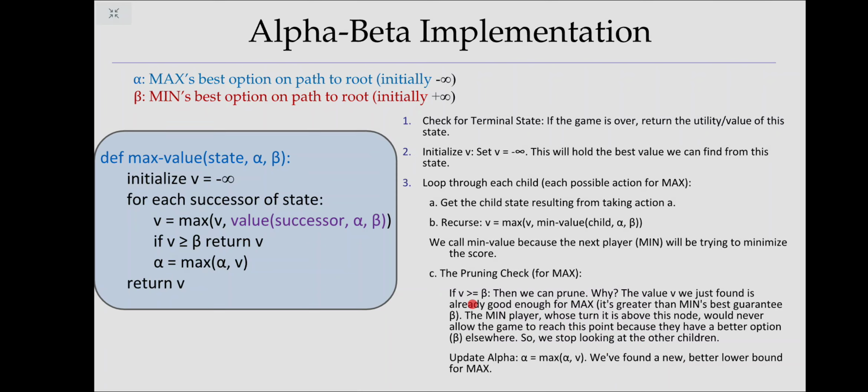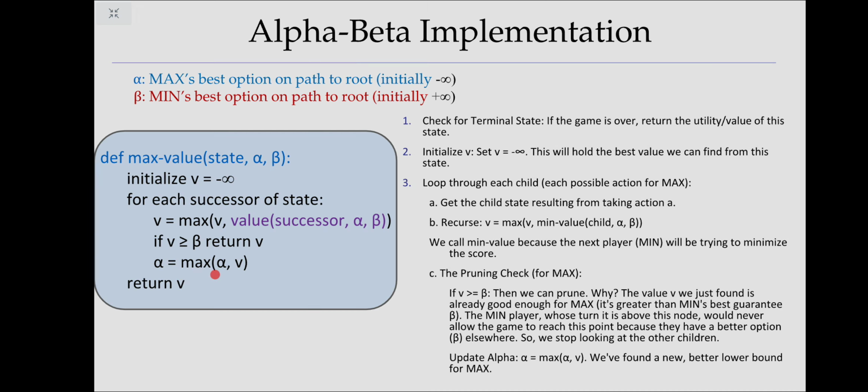Otherwise, if v is strictly less than beta, then we can update alpha because we have a better option than the previous one, and we update alpha as the maximum of alpha and v.